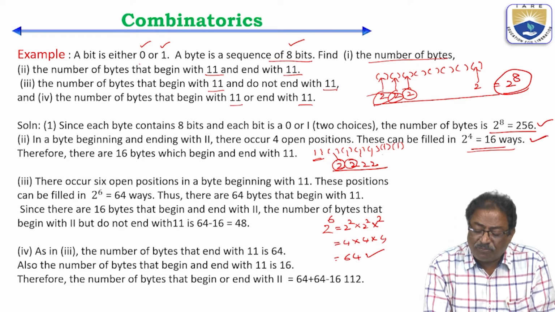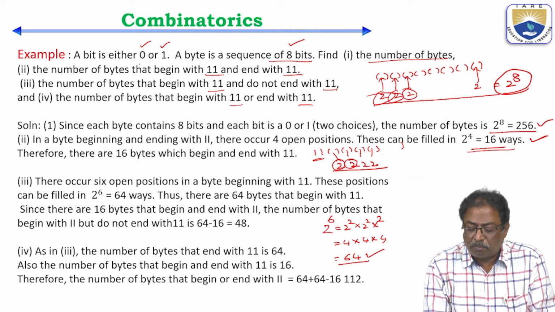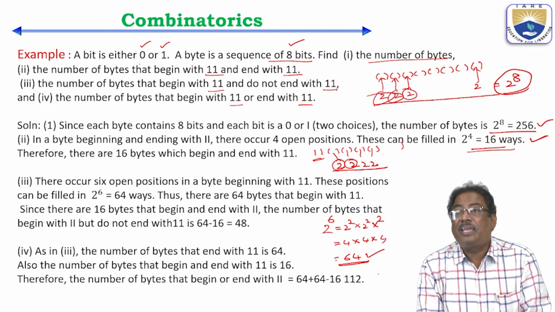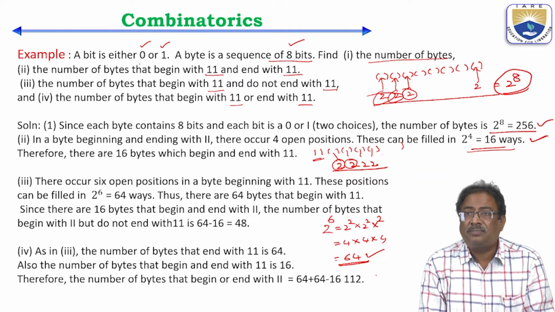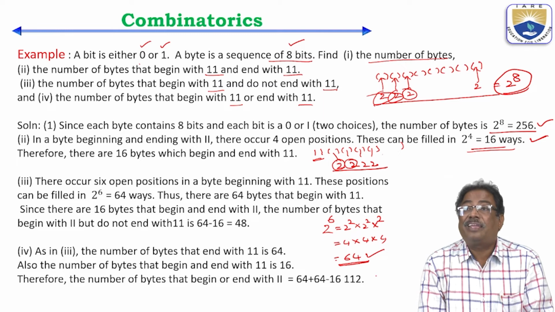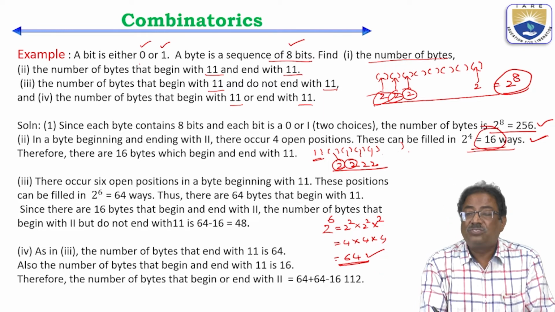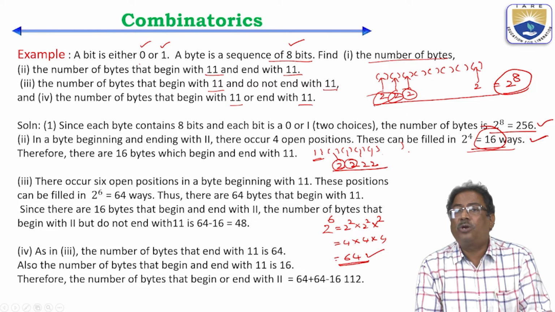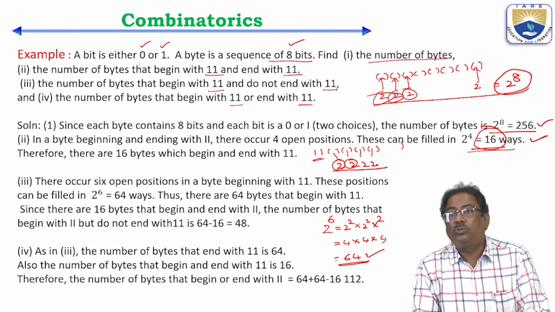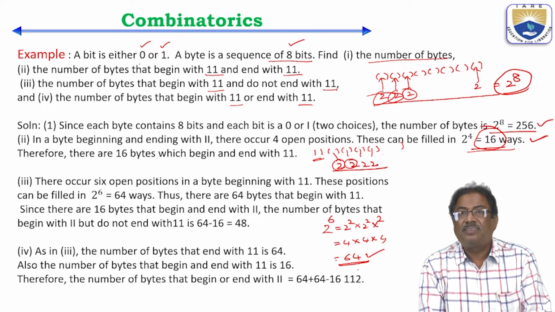And if I am not taking this into consideration, I get 64 bytes, in which there are some bytes that end with 11 also. How many are there? 16 bytes.